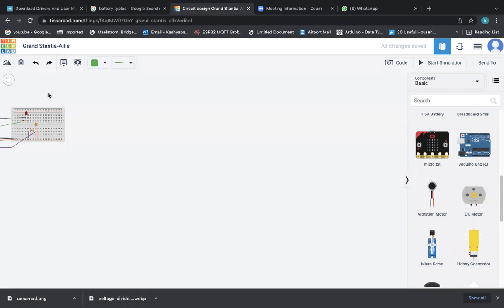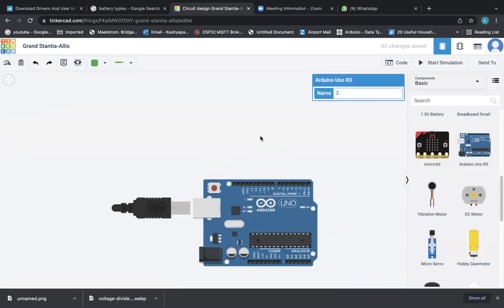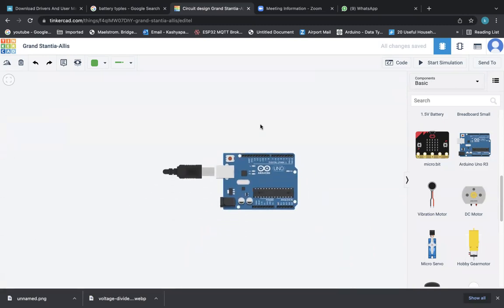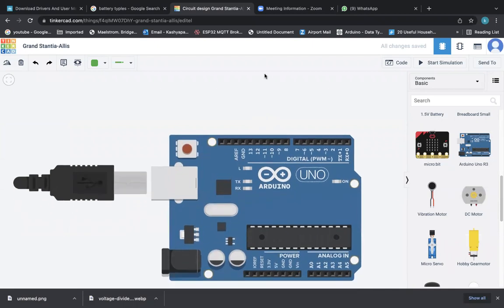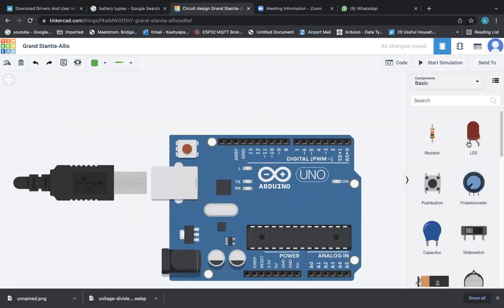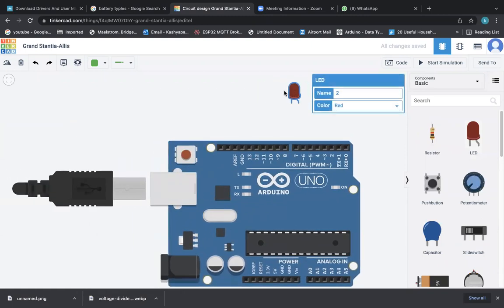Okay, so let me do this now. Arduino is there, and I'm going to take an LED. Do you know what this anode pin is? Is it positive or negative?